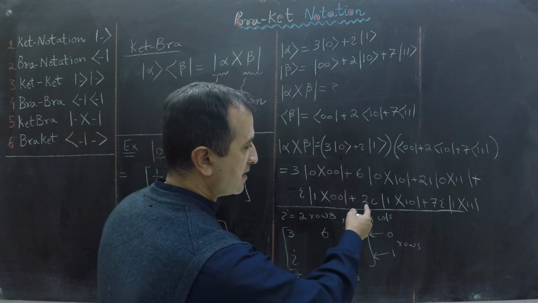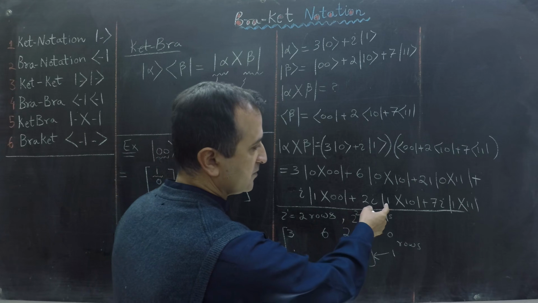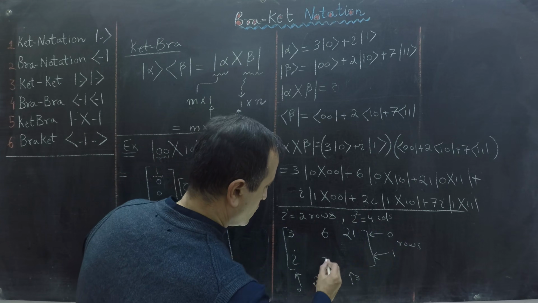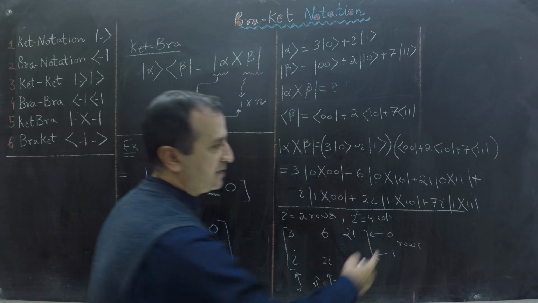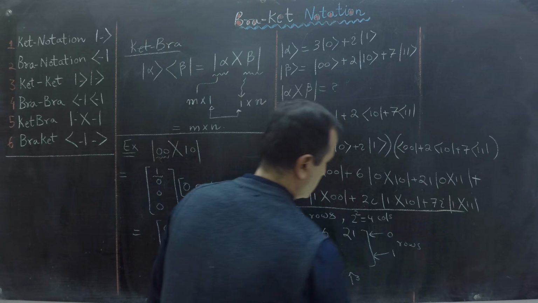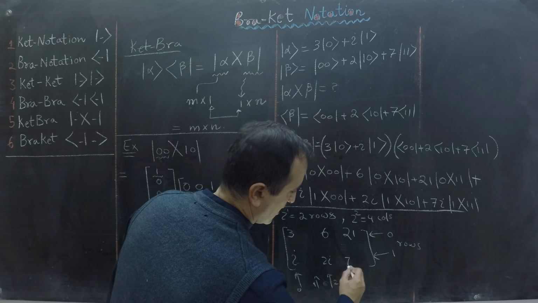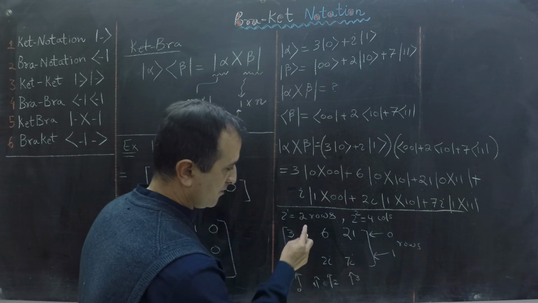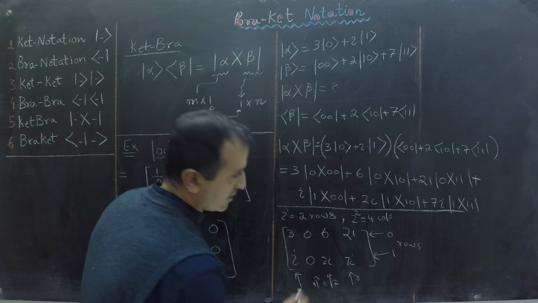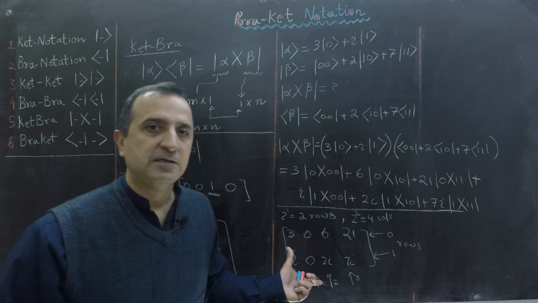This is saying put 2 iota on the first row and second column, so I put 2 iota here. And this is saying put 7 iota on the first row and third column, so I put 7 iota here. What about the rest? Because I have 2 empty locations, I put zeros here. So this is my final matrix.